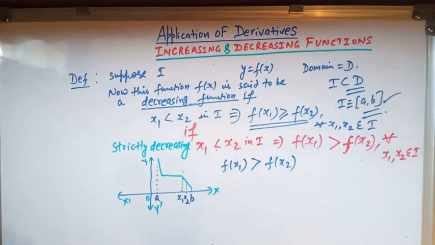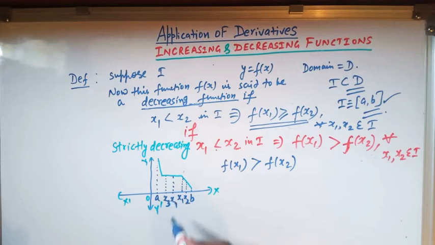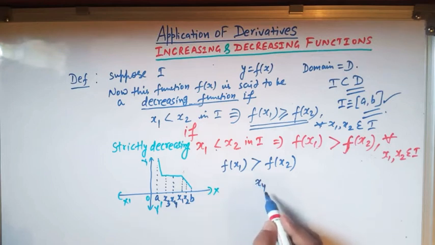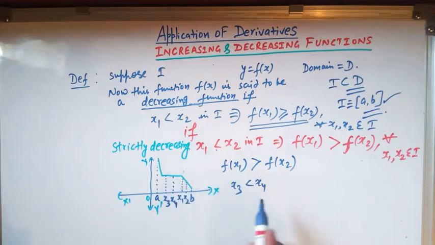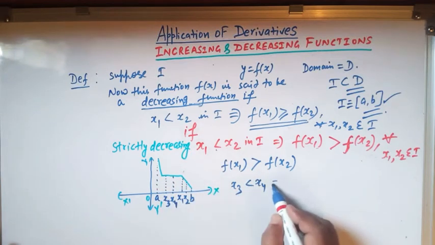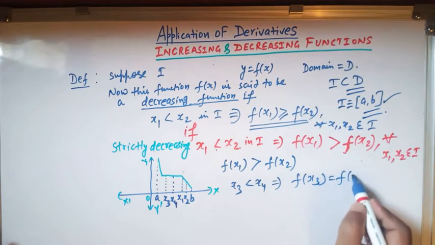But if we have a point here, say x3 and x4, then we see that x4 is greater than x3, which implies f(x3) is equal to f(x4).